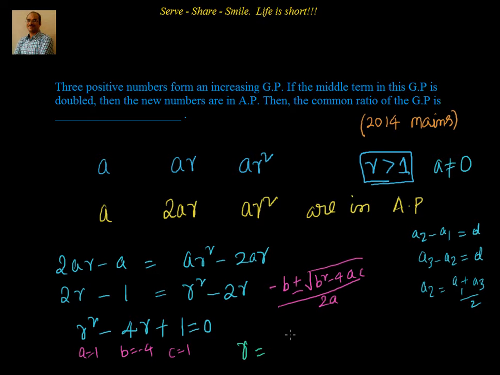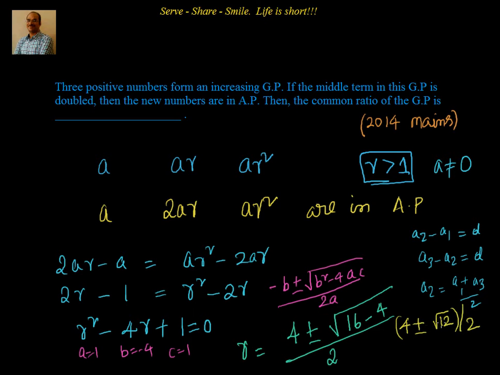R equals minus B, that is minus of minus 4, which is 4, plus or minus square root of B square, that is minus 4 whole square, 16, minus 4AC, that is minus 4, divided by 2 into A, that's equal to 2. So that's nothing but equal to 4 plus or minus root 12 by 2.